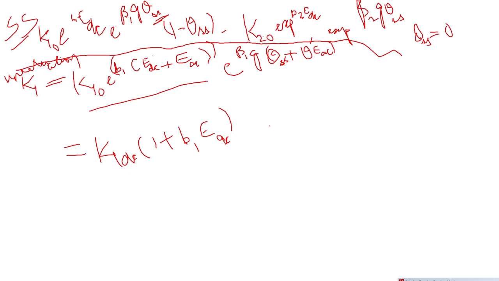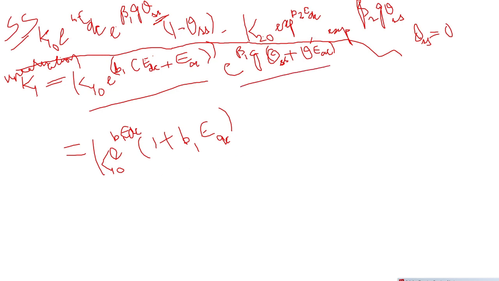Just give me a second. Here, it will be K10 e to the power B1 EDC times e to the power B1 EAC. So e to the power B1 EAC is written like this.